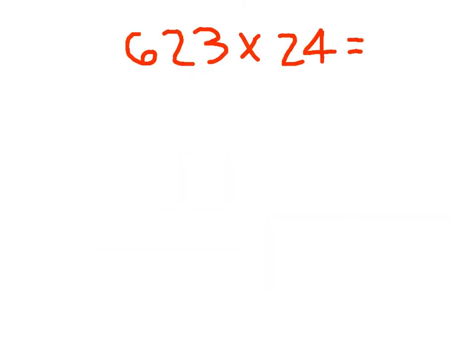Lattice multiplication works for larger numbers as well. We set it up much the same way, where we break down that 623, 6, 2, 3, we break down the 24, 2, 4, and our lattice will just be a little bit bigger. I'll pause the video while I continue to set this problem up.